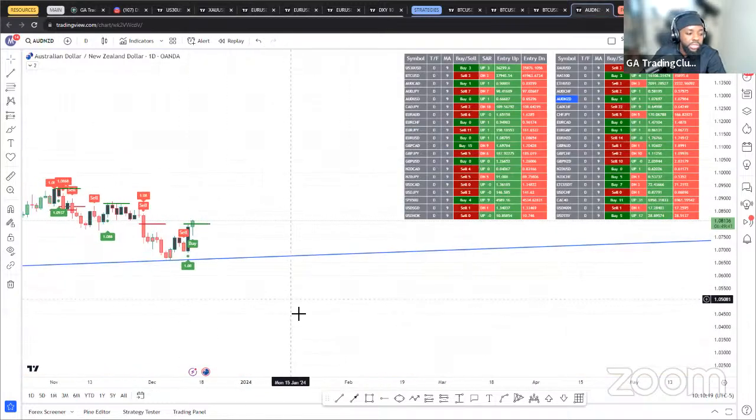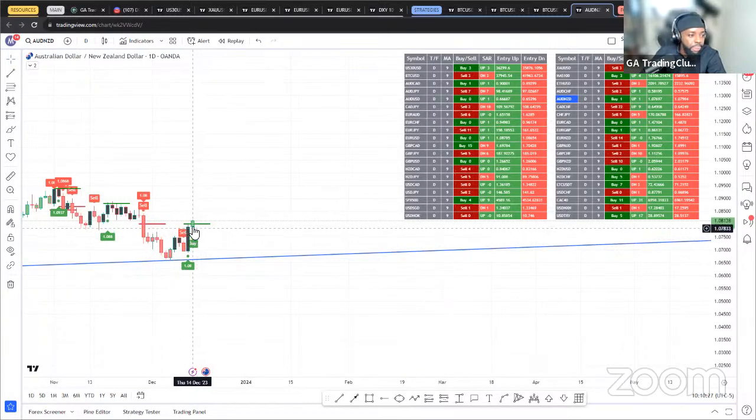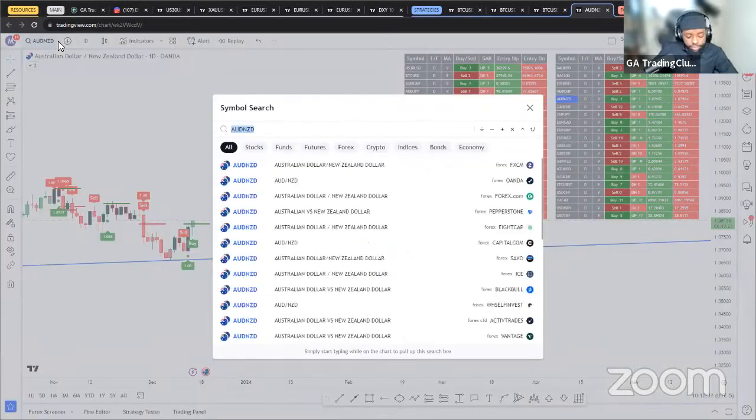Aud NZD, yeah. So Euro CHF for a buy possibly today. Aud NZD will be a nice instrument to stack buys on. EuroCAD.